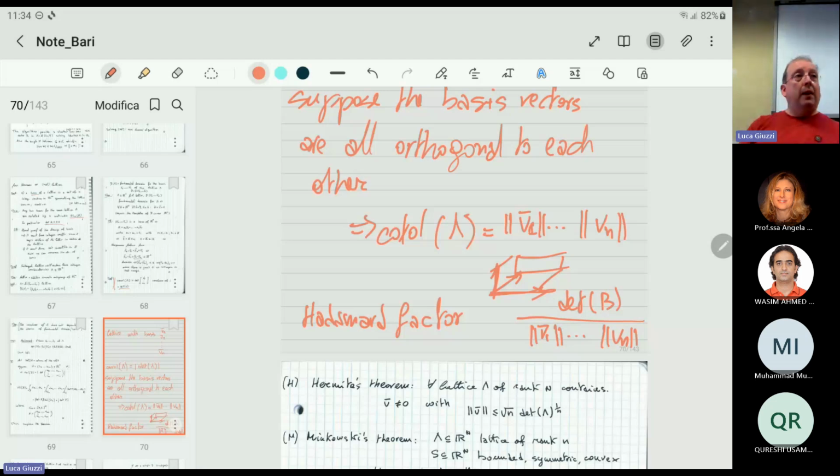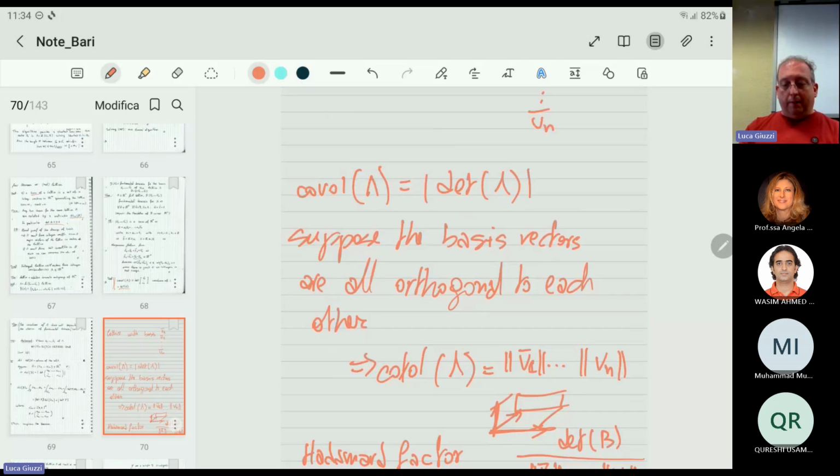And this number will never be 0 because the determinant of B is non-zero, but it could be very, very small. If our lattice admits an orthogonal basis, and B is orthogonal, it will be at most 1.